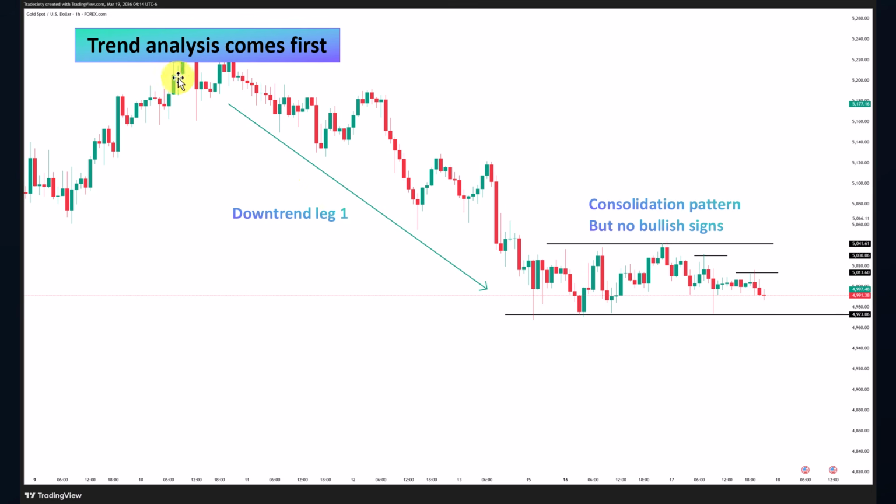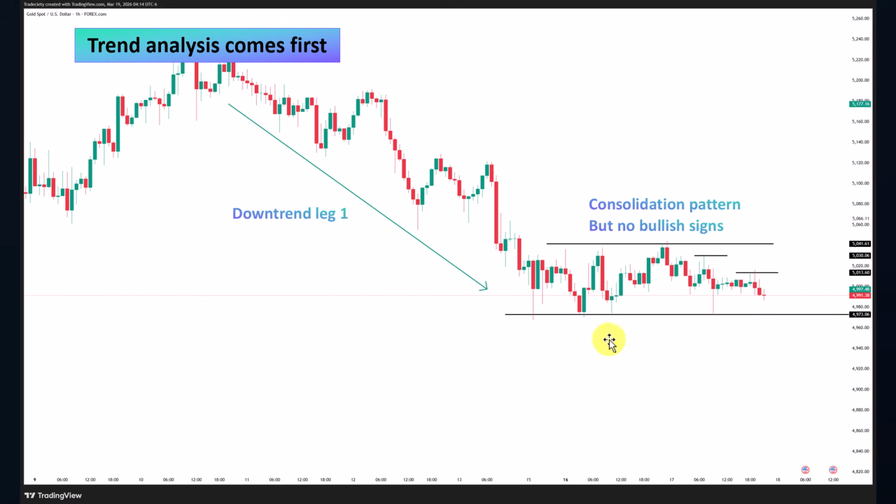Second trade example. Let's start with trend analysis. Here we can see the market did come from an uptrend on the left and then it started a downtrend. We're looking at downtrend leg 1, impulsive wave 1 here, and then the market enters a sideways consolidation.